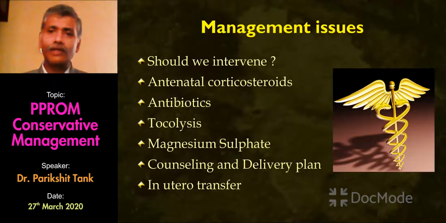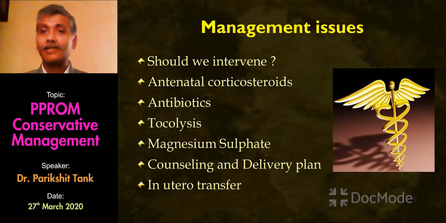This is important to be reviewed because the circumstances have changed quite drastically now. The woman was expecting to be delivered in a particular setup where a neonatal care facility may or may not be available.